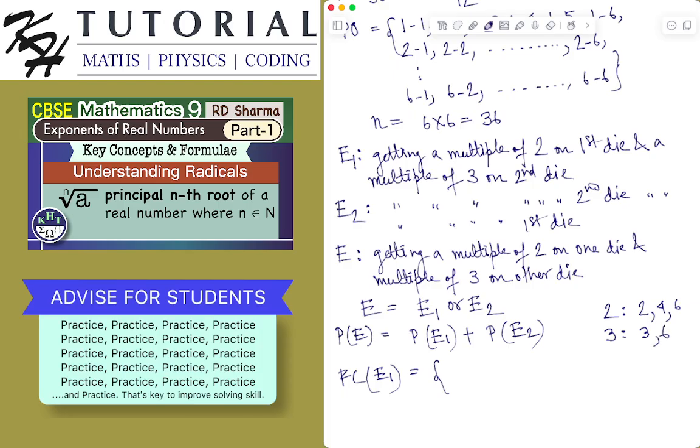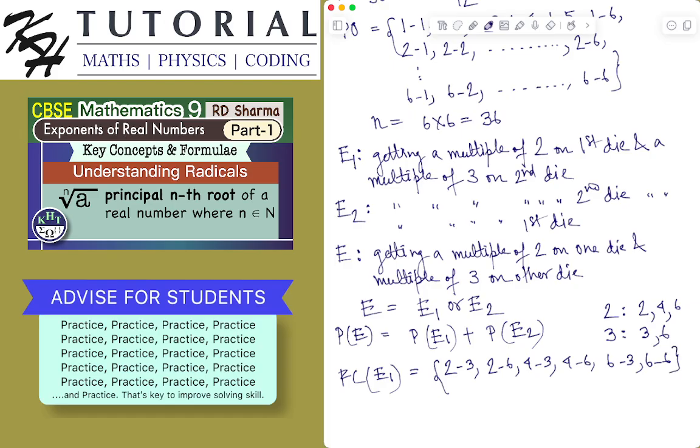So for the event E1, for die 1, I can choose any number from 2, 4, 6. So the possible outcomes for event E1 will be (2, 3), (2, 6), (4, 3), (4, 6), (6, 3) and (6, 6).